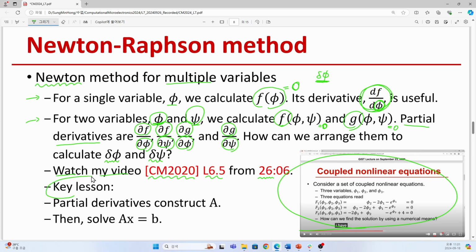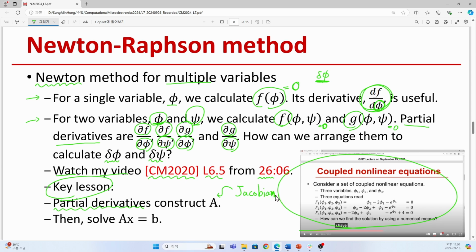And the key lesson is when we have multiple variables and multiple equations, then we can consider many different partial derivatives, and by using those partial derivatives we must construct a matrix called the Jacobian matrix.